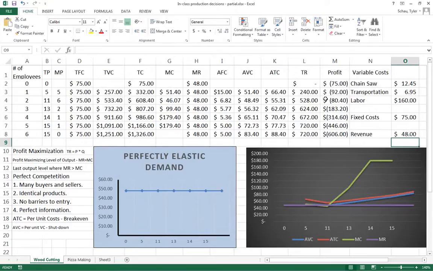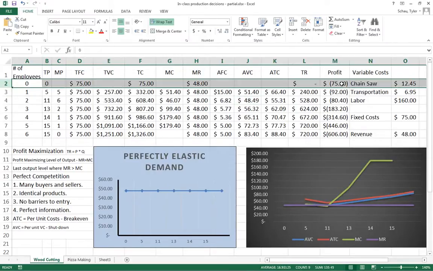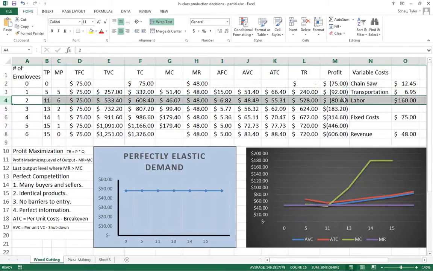And now notice $48, remember, marginal revenue equals marginal cost still tells me I should produce at 11 units of output, 11 cords of firewood, 2 employees, because that's where marginal revenue is greater than marginal cost. But since it is lower than this average variable cost of $48.49, I'm going to shut down, because I would rather come up here and lose $75 per day than produce at this level and lose $80 per day.